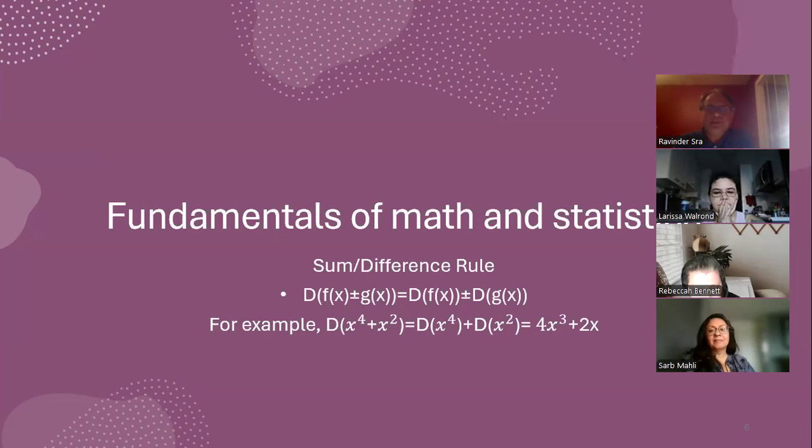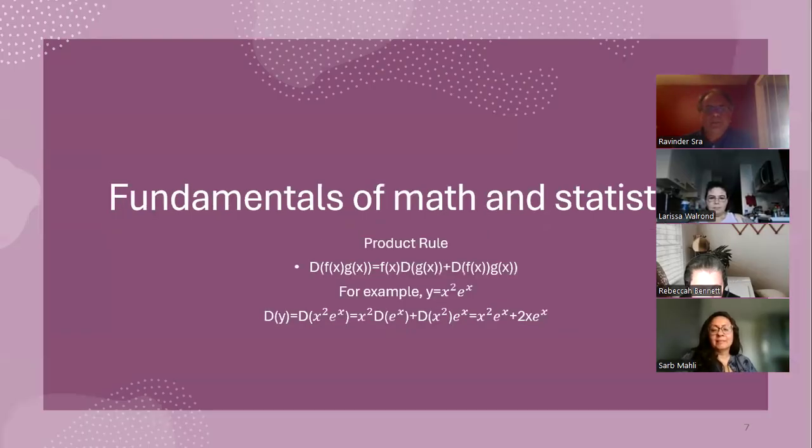The d goes with x raised to power 4, and plus d goes with x raised to power 2. The derivative of x raised to power 4 is the power in front and decrease the power by 1. Similarly, the second one, 2x.